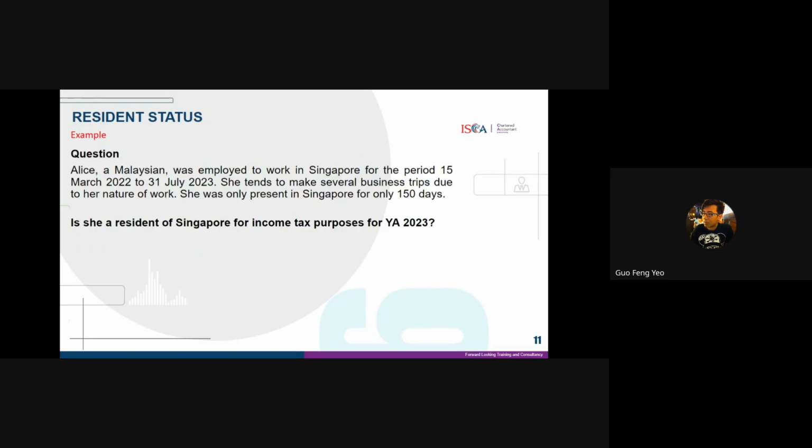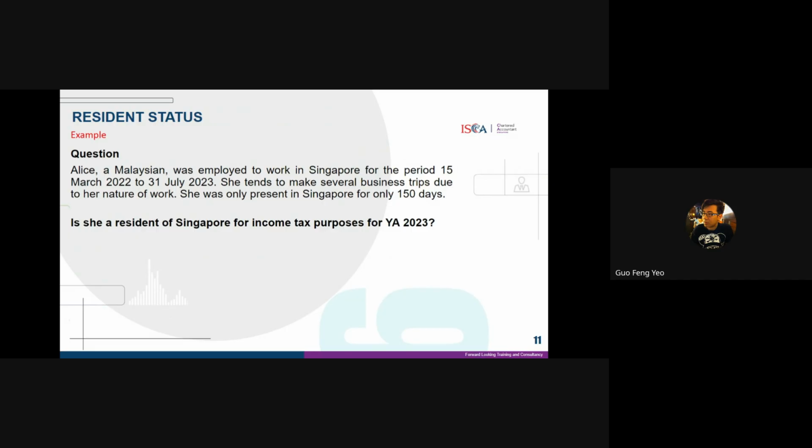Now, let's move on to the next example to understand the concept better. Alice, a Malaysian, was employed to work in Singapore for the period of 15 March 2022 to 31st July 2023. She tends to make several business trips due to the nature of her work. She was only present in Singapore for 150 days.